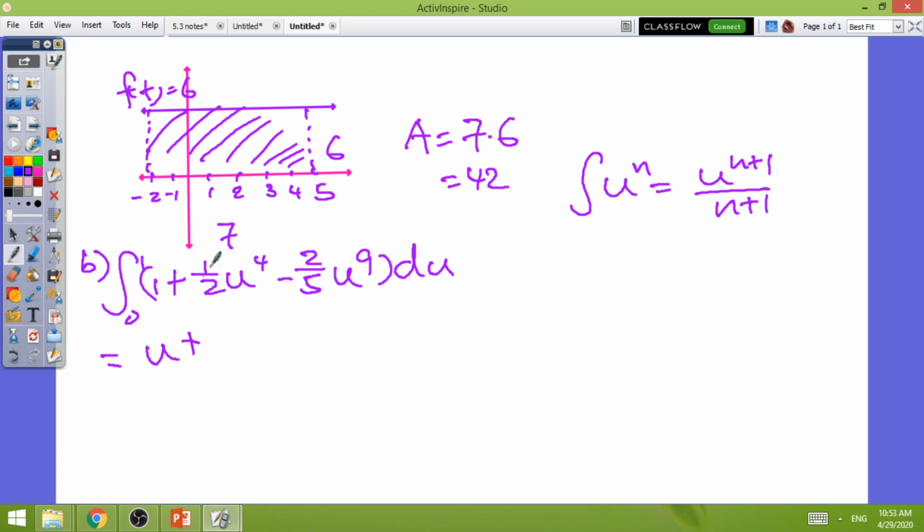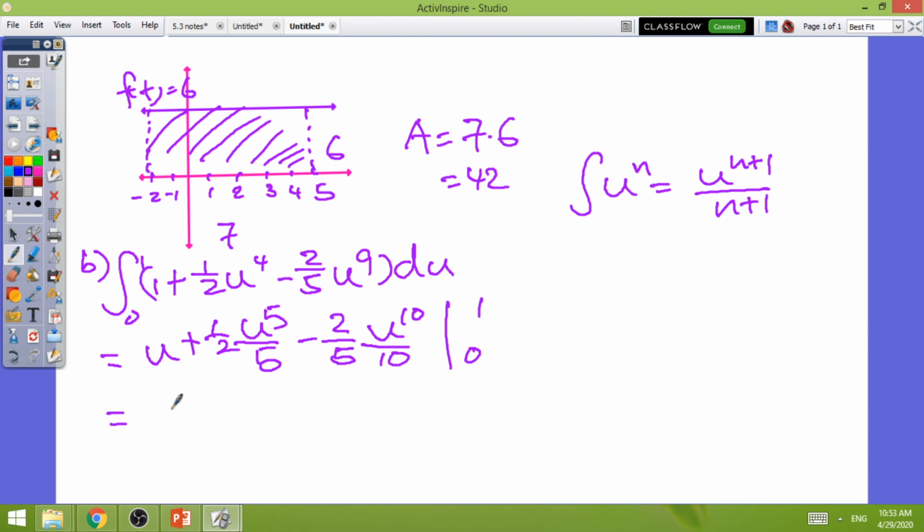The coefficient we just bring down, so u to the power of 5 over 5, minus 2/5 times u to the power of 10, since with that 9 we get a new power, and then divide by the new power. And don't forget the boundary, 0 to 1.